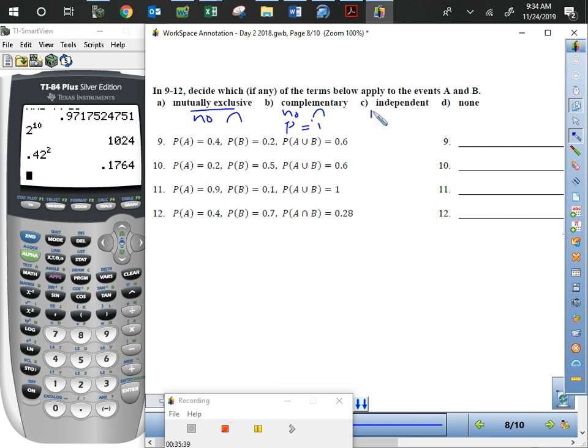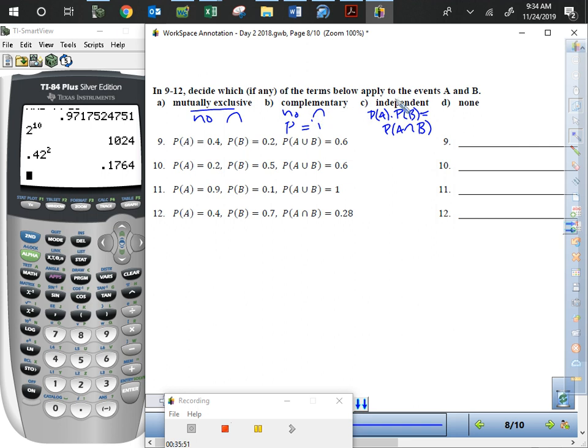Independent is our definition, the product equals the intersection. And B would mean none of those things are true. So we're adding in the independent option from some of these things that you've done before.